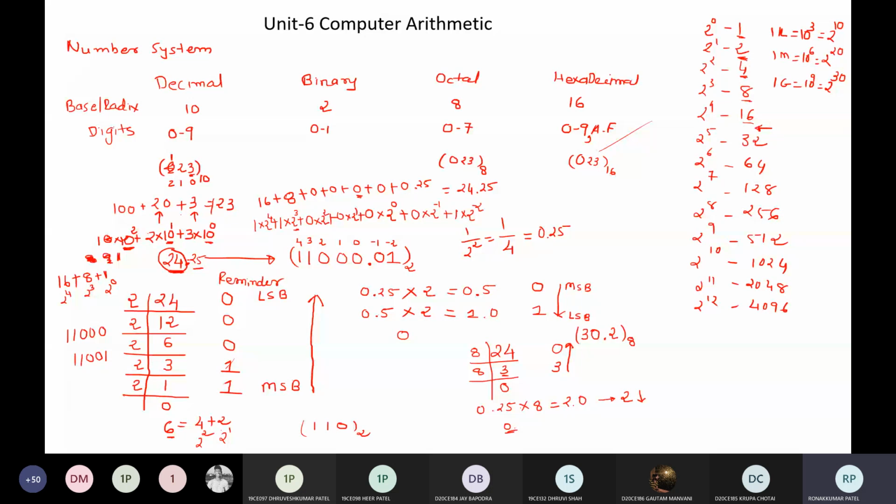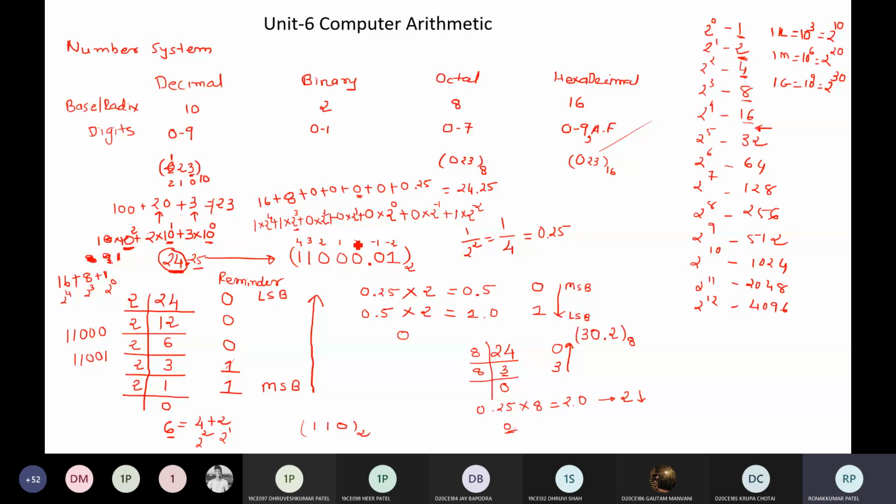So this conversion we have seen, and then we have seen the reverse conversion. Means if any representation is given to you and you want to convert into decimal, right? We saw the binary representation and converted this binary into decimal.